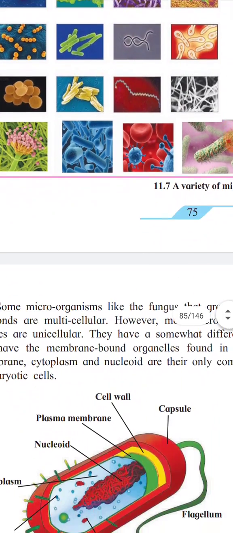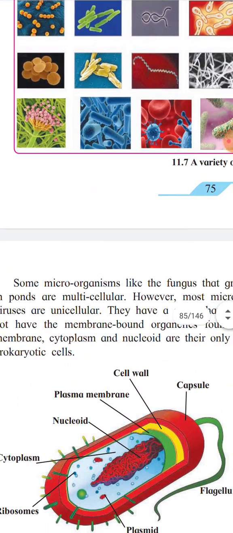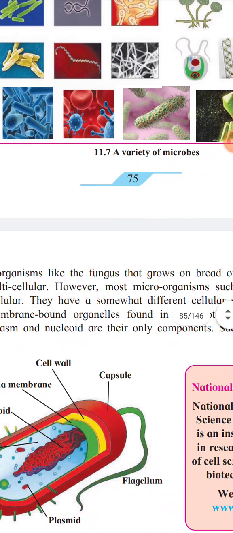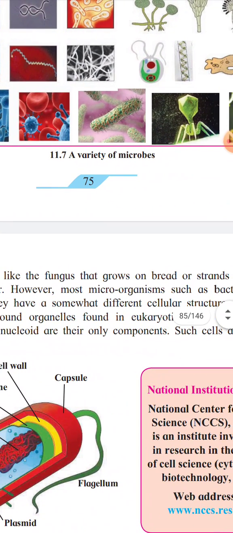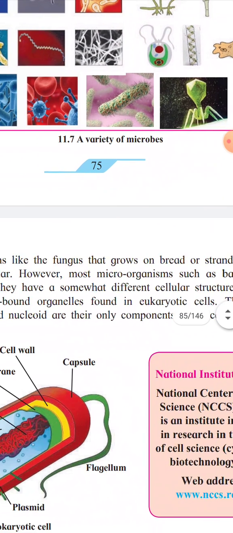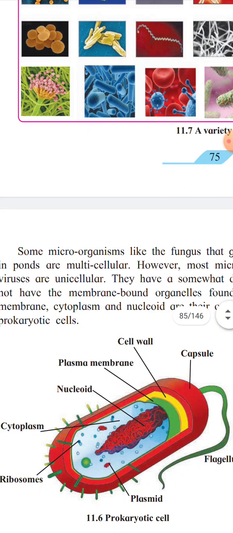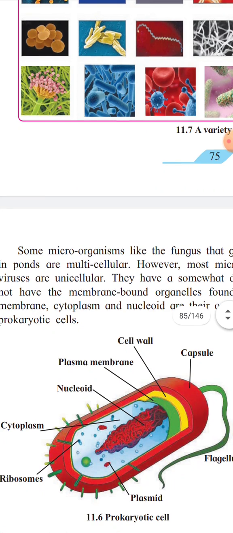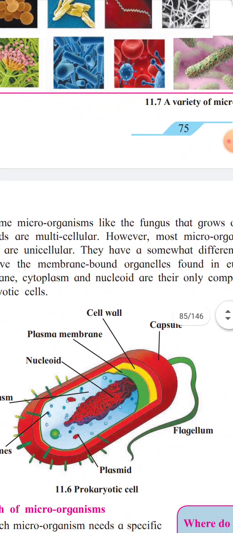Now, some microorganisms like fungi that grow on bread or strands of algae in ponds are multicellular. You know that fungus and algae are multicellular. Their bodies are made up of many cells. However, most of the microorganisms such as bacteria and viruses are unicellular.